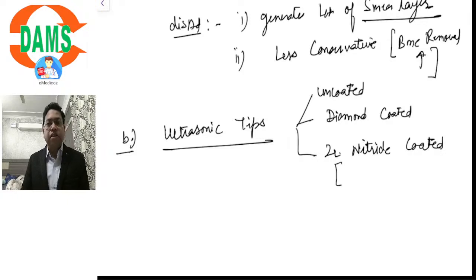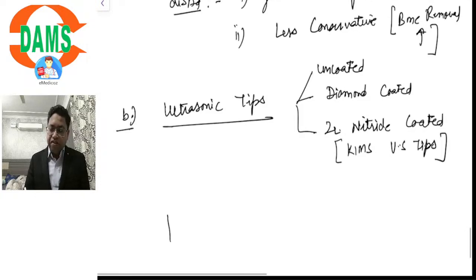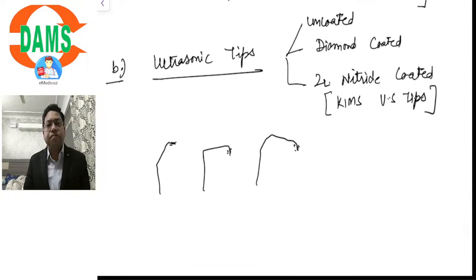These ultrasonic tips, which are coated with zirconium nitride, are also called Kim's ultrasonic tips. These tips are available in different dimensions and different shapes, and they are coated with diamond or zirconium nitride at the tip of these ultrasonic tips. So if we talk about their advantage, they cause less smear layer generation.